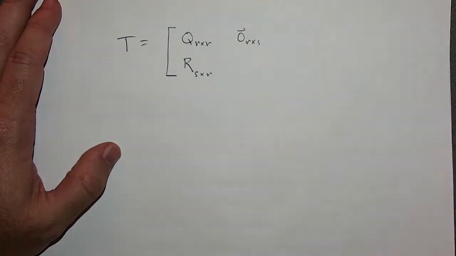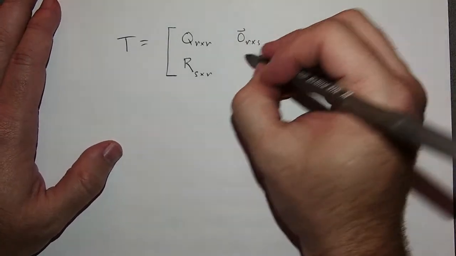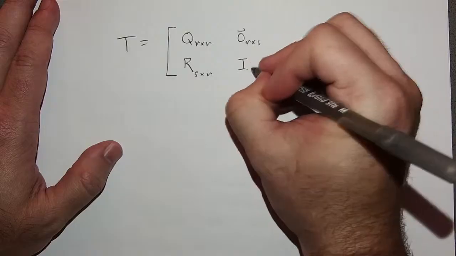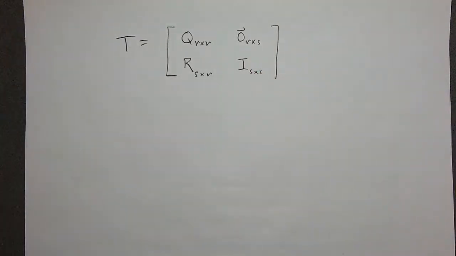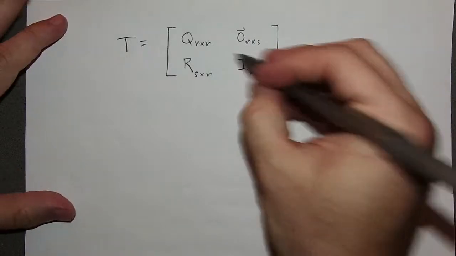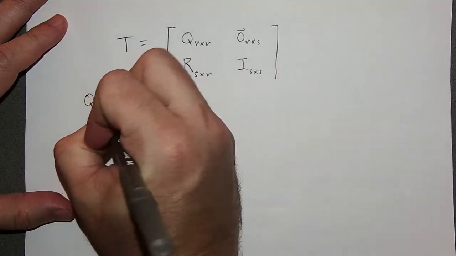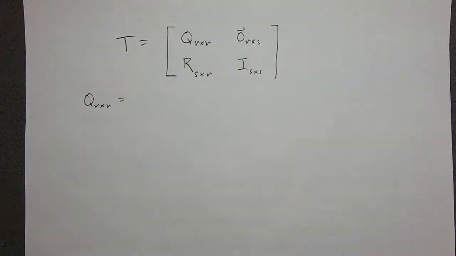And if you're keeping track here, if this is going to be square, this now needs to be S by S. And that's the S by S identity. So what are these matrices? Q, that is an R by R, holds the probabilities of moving from a transient state to another transient state.